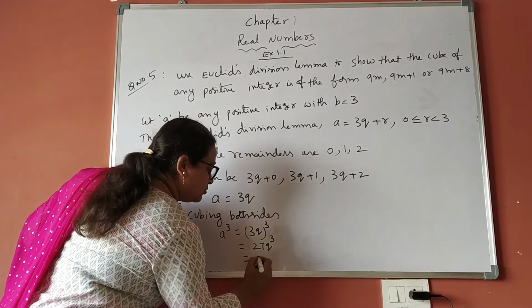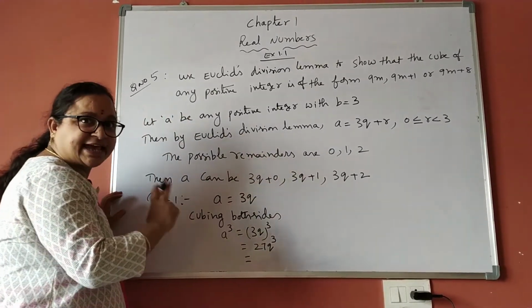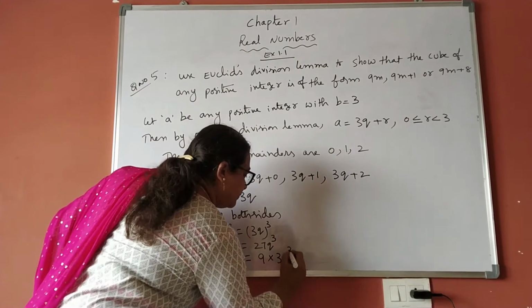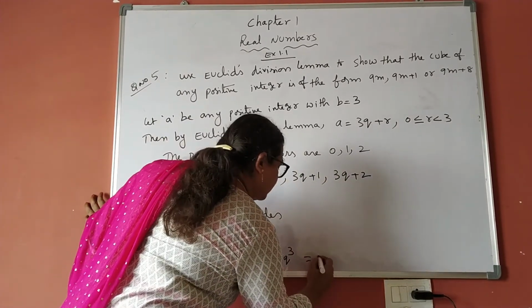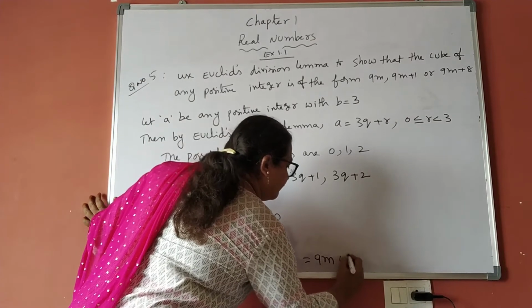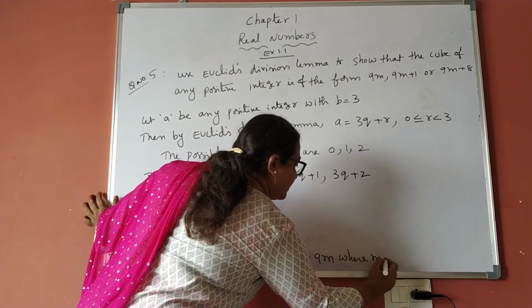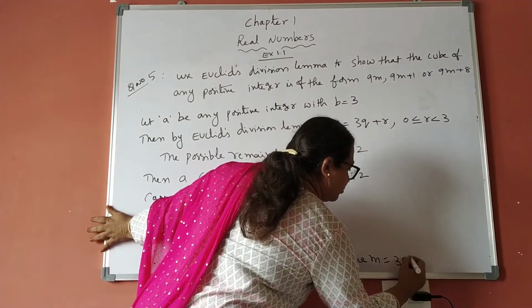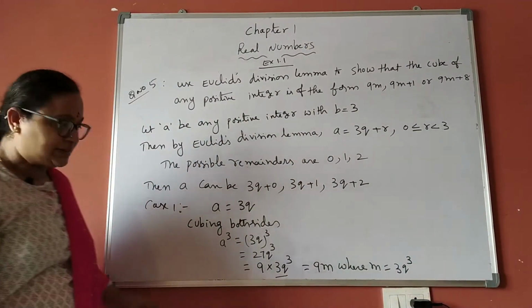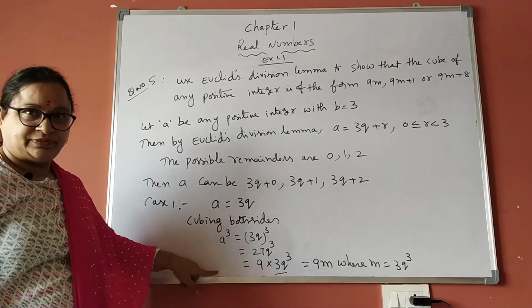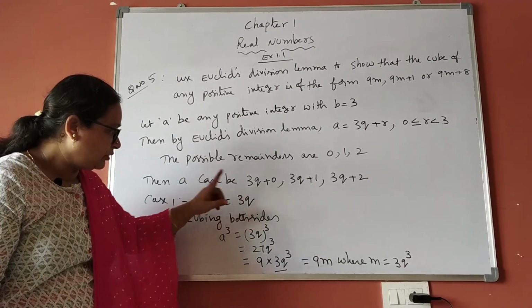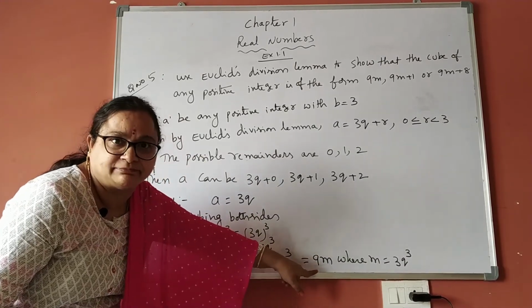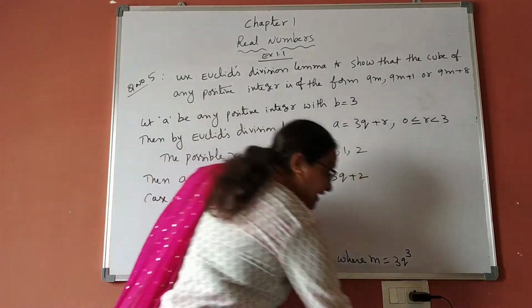We can write it as 9 into 3q cube, that is equal to 9m, where m is equal to 3q cube. This is case 1. When a is 3q, the cube of this positive number is in the form of 9m. Now case 2.